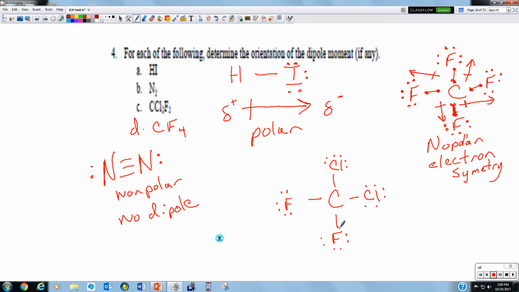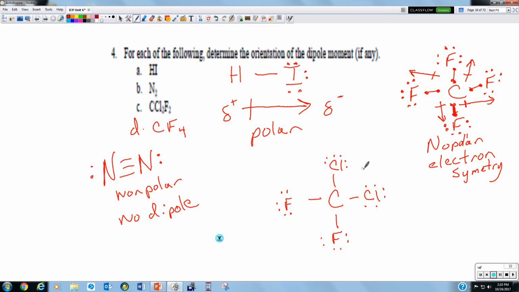When you have a structure like this one, most of the time a tetrahedral structure like this carbon tetrafluoride will be nonpolar. But when you have one that has different elements on it, we have to look at which one has the highest electronegativity. So of chlorine and fluorine, which one has the highest electronegativity?